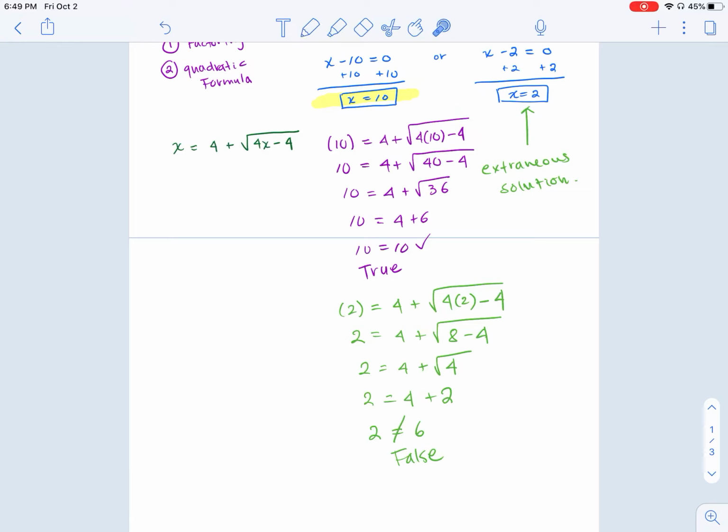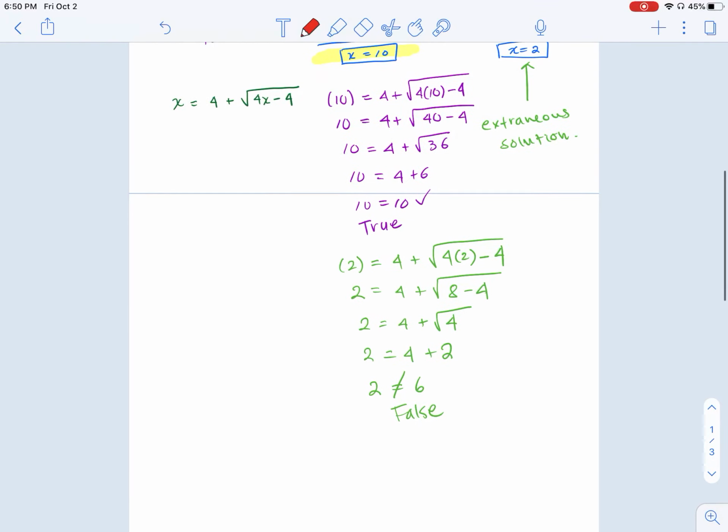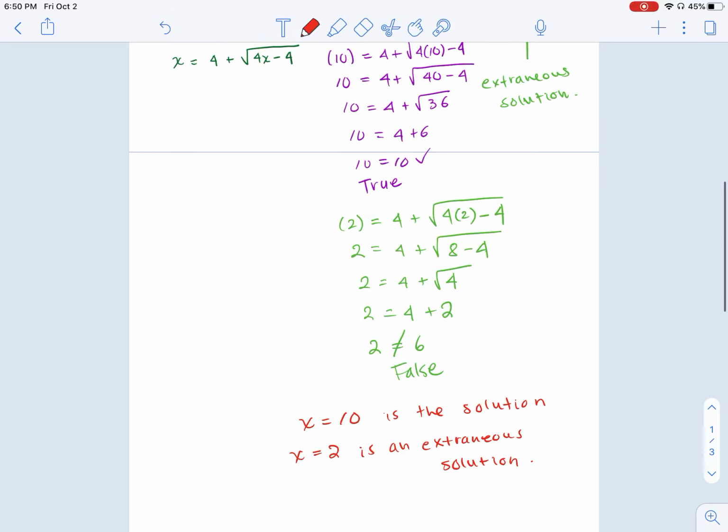So our final answer would be the x equals 10 that we obtained and we verified. So as my final answer, I'm just going to put at the way bottom, x equals 10 is the solution, and x equals 2 is an extraneous solution. So the only real answer we have is that one, x is equal to 10.